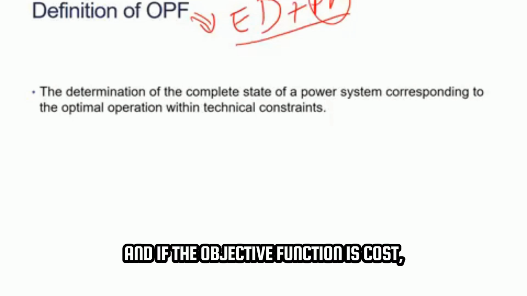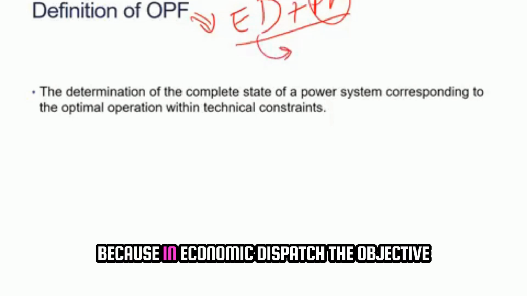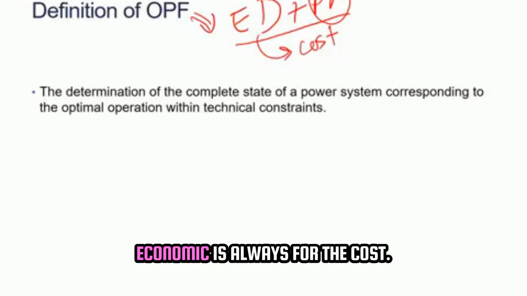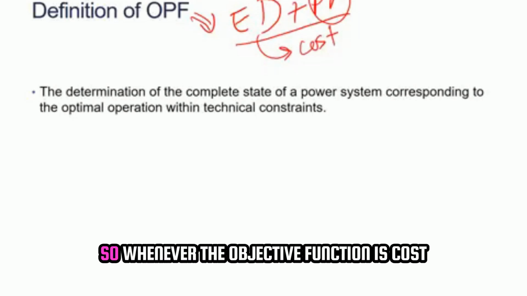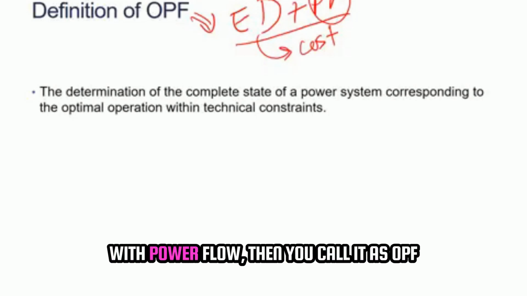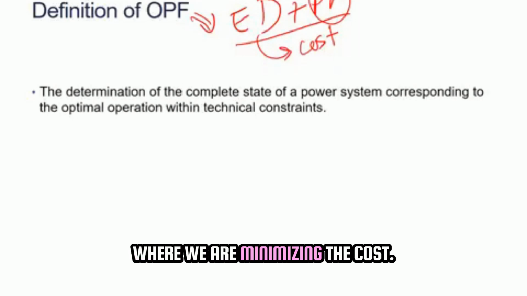And if the objective function is cost, because in economic dispatch the objective is always cost, that's why economic is always for the cost. So whenever the objective function is cost, and you are solving along with power flow, then you call it OPF, where we are minimizing the cost.